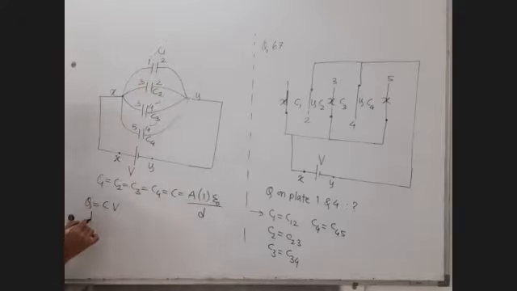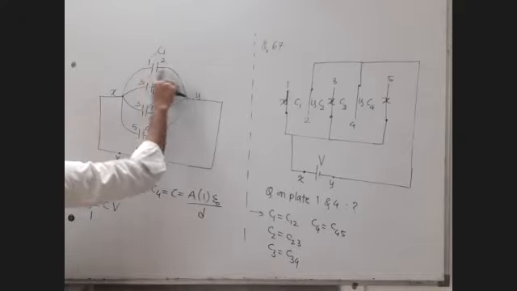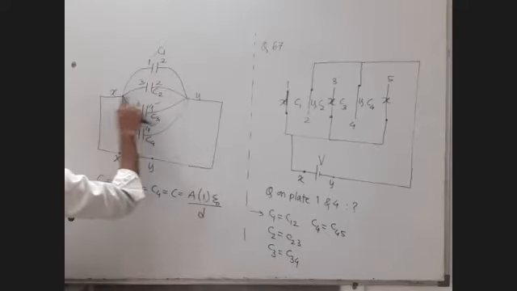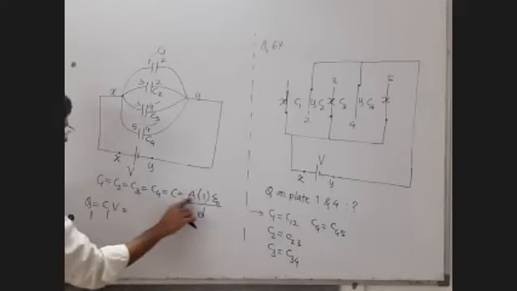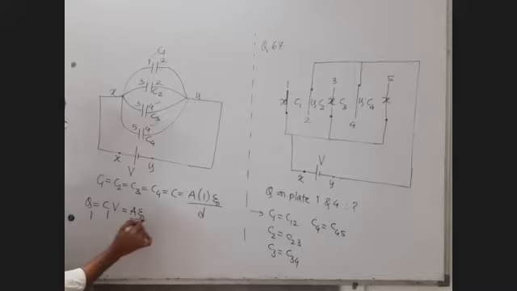Let me write Q1 is equal to C1 into potential difference across this. Potential difference across this is XY, which means V. What is C1? A epsilon 0 upon D.